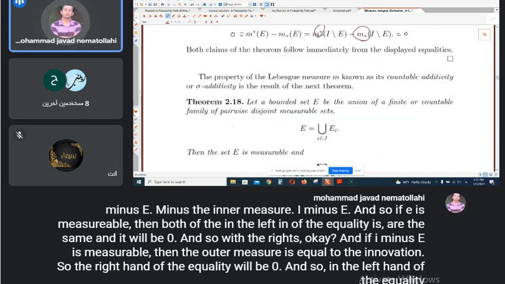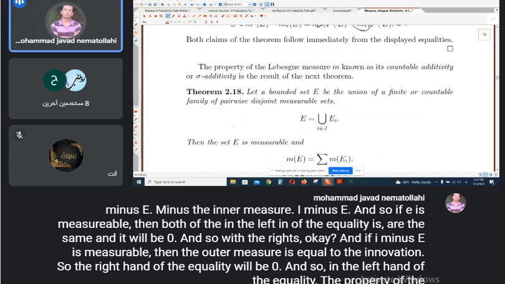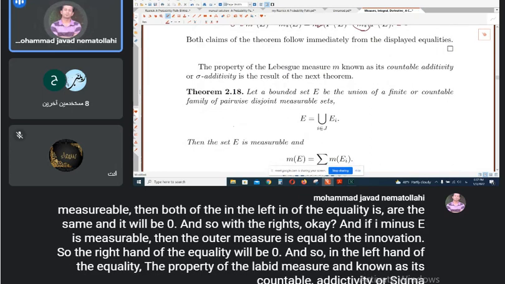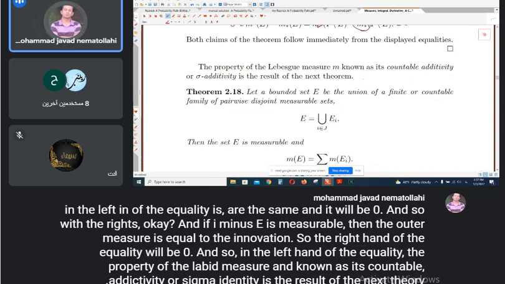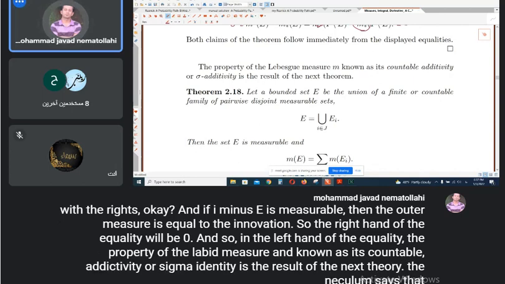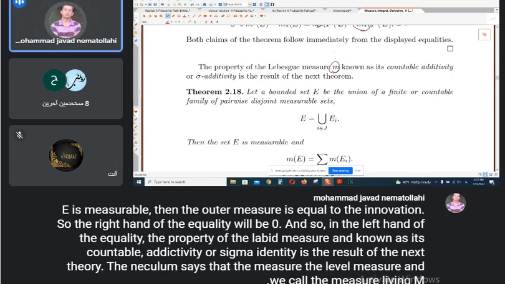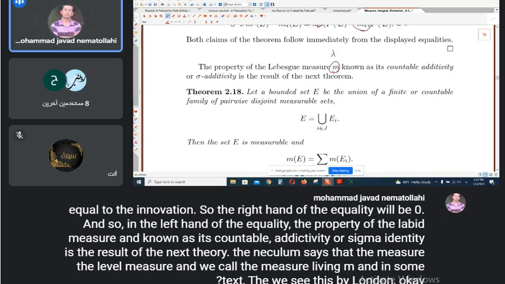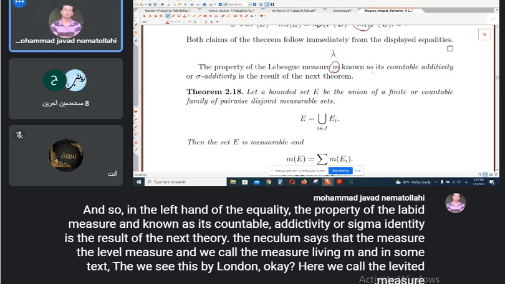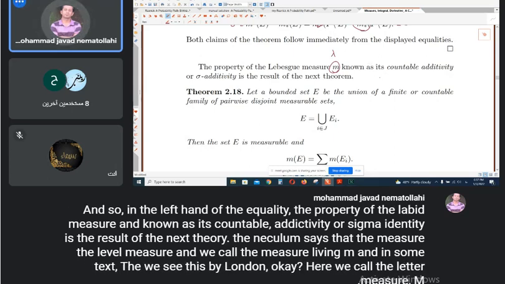The property of the Lebesgue measure M, known as its countable additivity or sigma additivity, is the result of the next theorem. The next theorem says that the Lebesgue measure M, we call the measure Lebesgue M, and in some texts we see this denoted by lambda. Here we call the Lebesgue measure M. It says that the measure has sigma additivity.